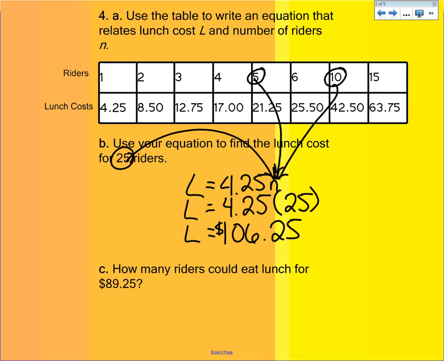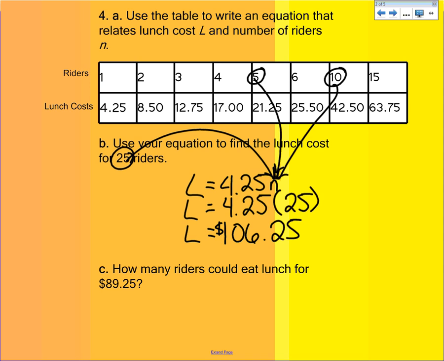Well, one instinct would be maybe I could just extend my table from 15 to 16 to 17 riders and see when I get to 89.25. But I think there's a better way. Let's use our equation. Equations are our friend. Don't be afraid of them. Use the equation.